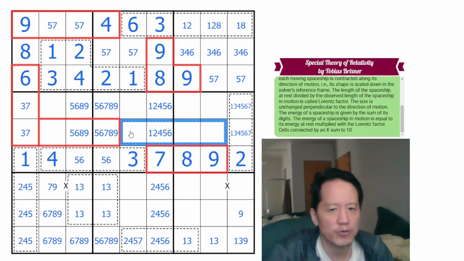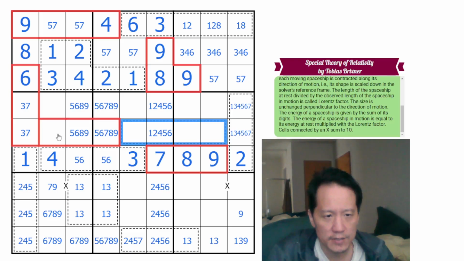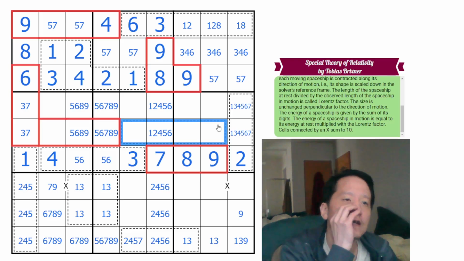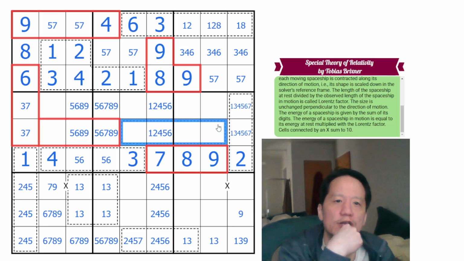So that would mean the remaining digits would have to be 8 and 9. But this can't be 8 or 9. This can't be 8 or 9. So therefore, this cannot be 12 and 16. It could be 15 with 20 and 18 with 24.